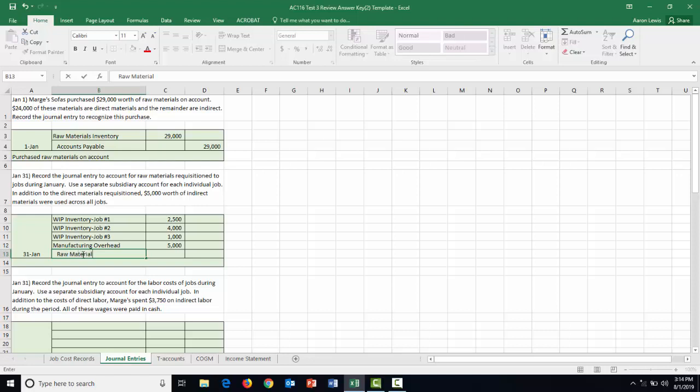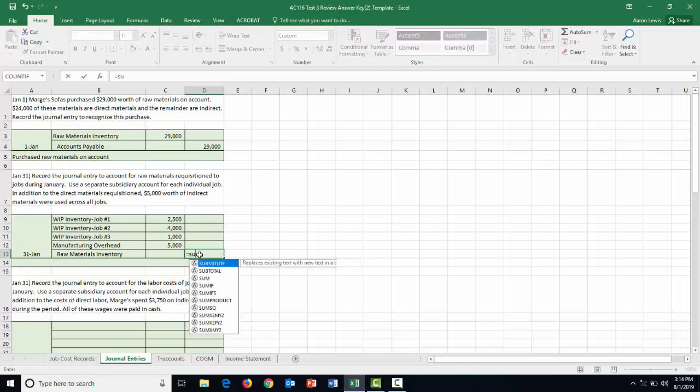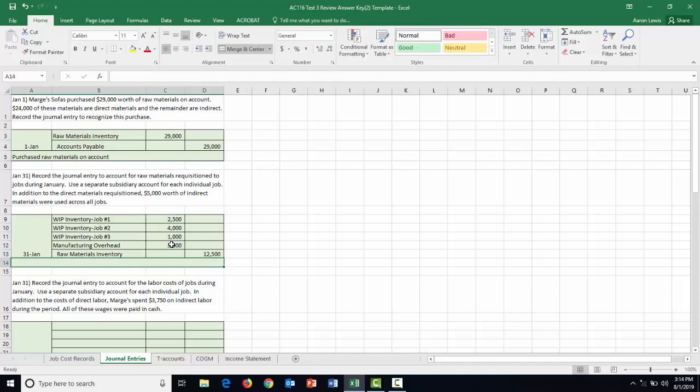So in this case, the materials that we used are no longer in our raw materials. They are getting put into our work in process. They're inventoriable costs. They're getting added to the price of our inventory. And this credit is simply going to be equal to the sum of all of our debits, which is going to come out to be $12,500.